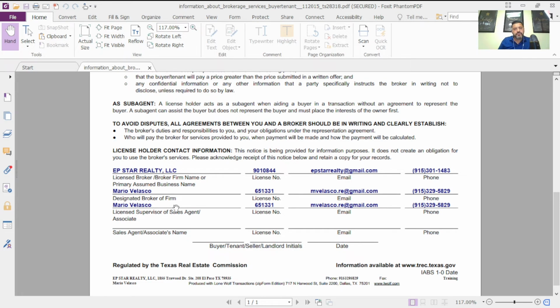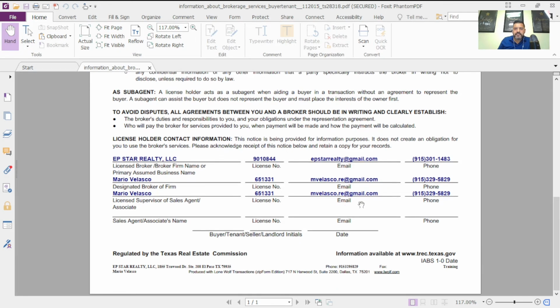Let's say you are working for a team and you have a team leader. This is where the information of your team leader goes. If you don't have a team leader, this would be the same information as your broker. And the last line, if you're a sales agent, this is where your information is going to go: your name, license number, email, and telephone number.